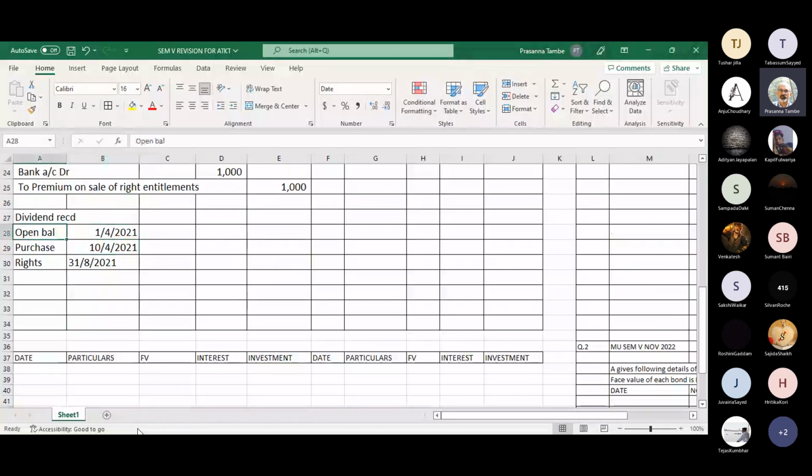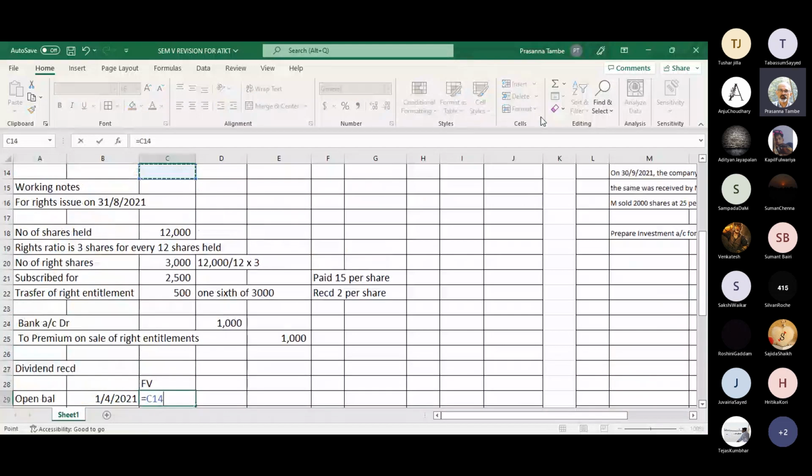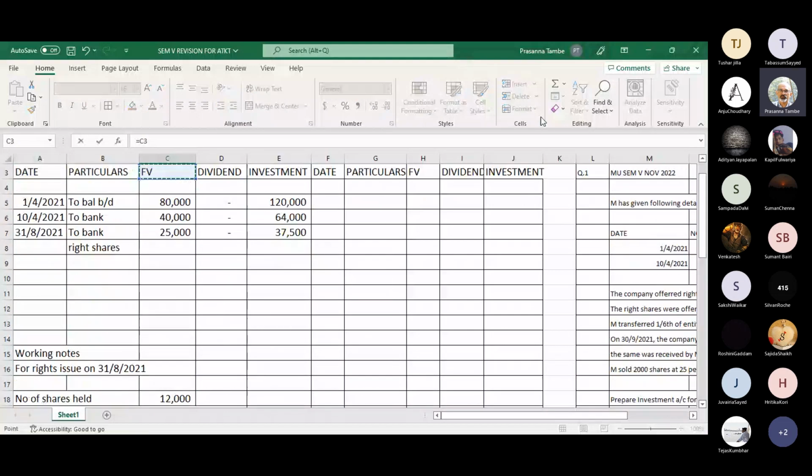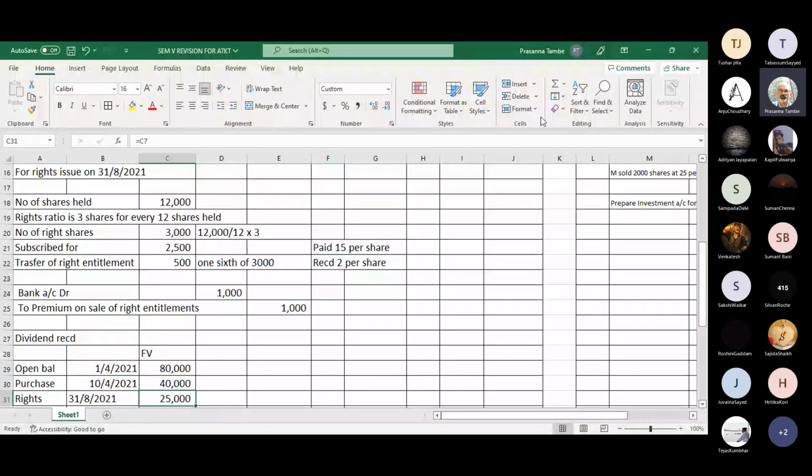Now number of shares we'll plot here, or rather we can plot face value also, because dividend is 20%. So value here on 1/4/21 is 80,000. Then purchase, this is the face value, and right, this is the face value.